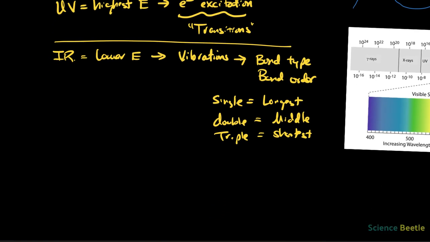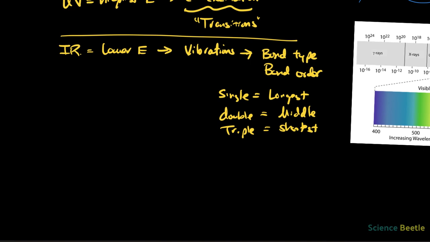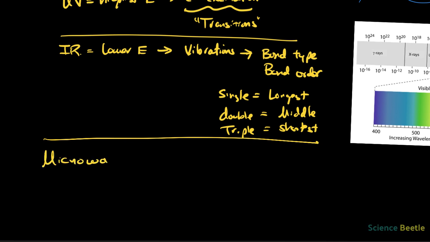Now the last component that we're going to look at is the microwave. The microwave region is the lowest energy of the 4 regions we looked at.